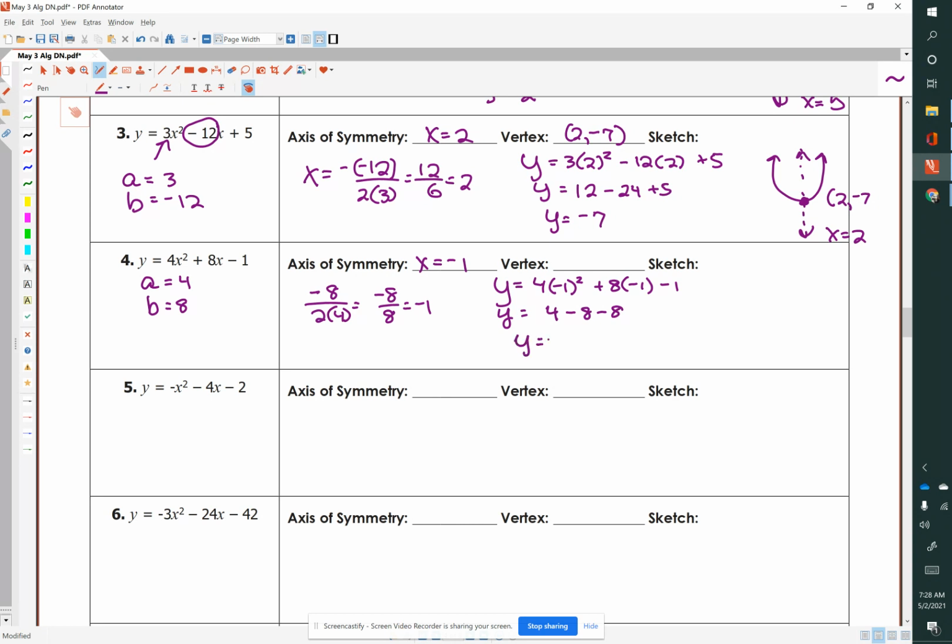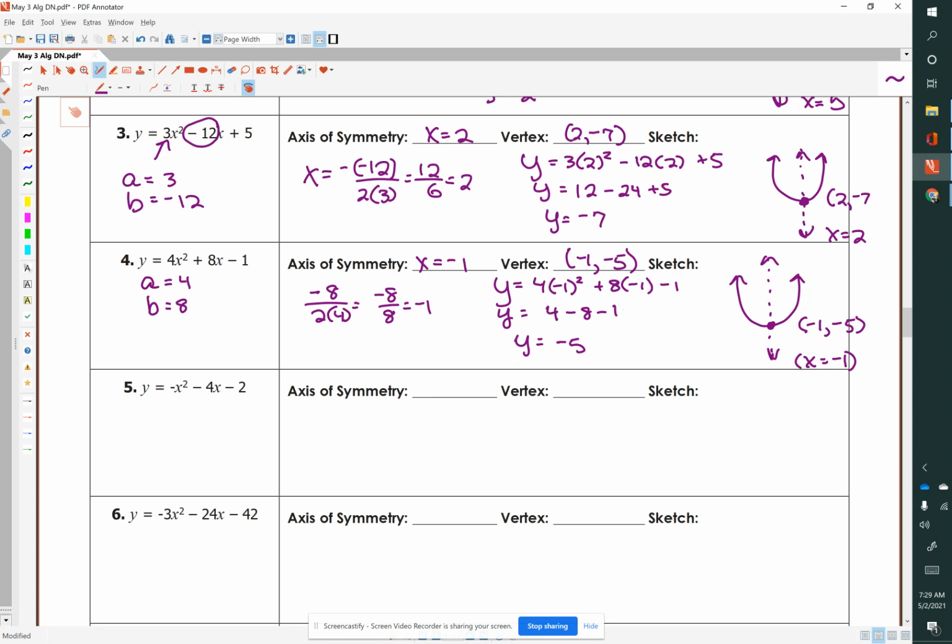So y would equal, so that should be a 1. y would equal negative 5. So this is an upward facing parabola because a is positive with a vertex at negative 1, negative 5. And the axis of symmetry is x equals negative 1.